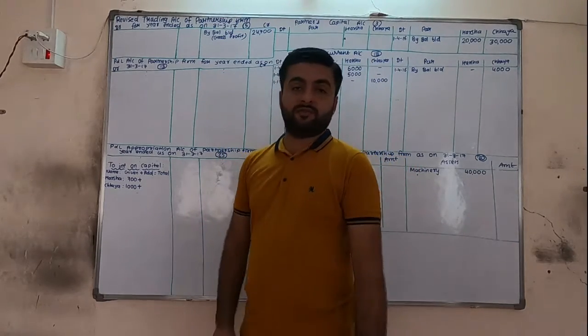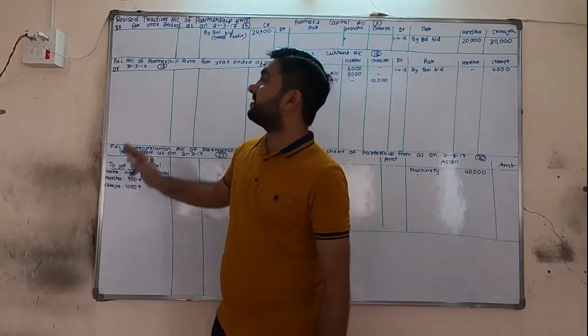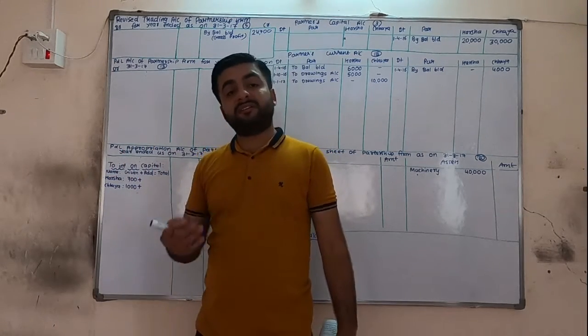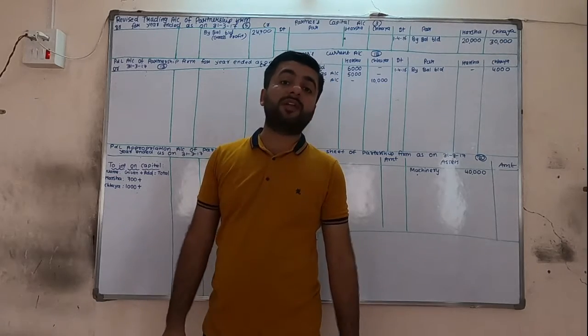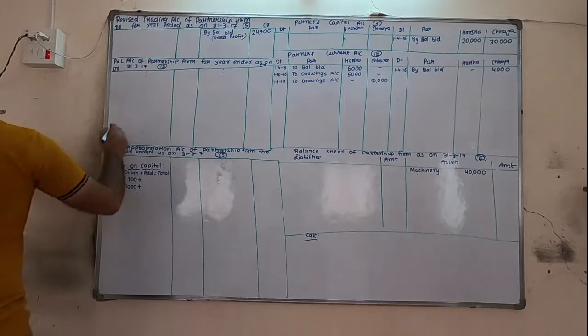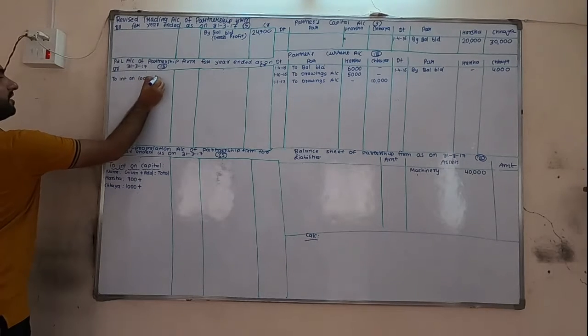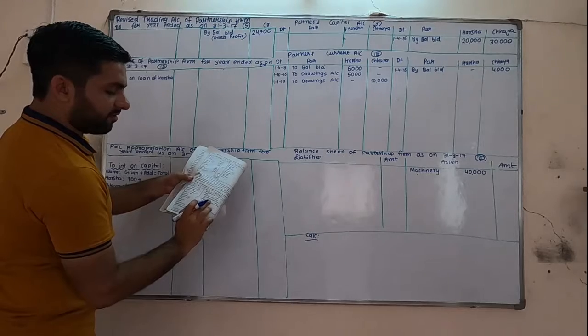Interest on partner's loan, two effects: liability side of balance sheet plus, and here debit side of P&L account. Some interest is given and some interest we need to calculate, because loan is also given, interest on loan is also given. So show it here. To interest on loan of Harsha. Why Harsha? Because the loan is of Harsha, as we can see here, loan of Harsha.